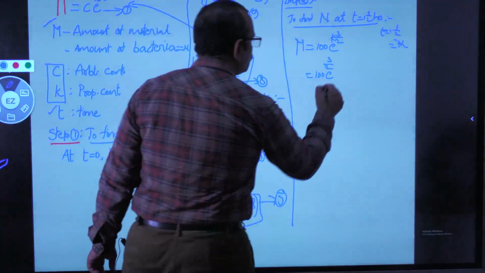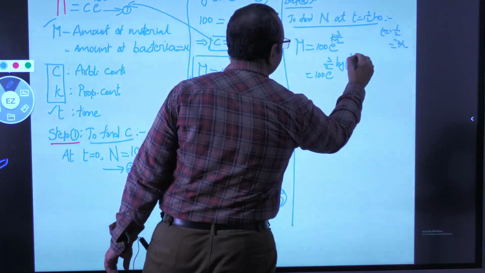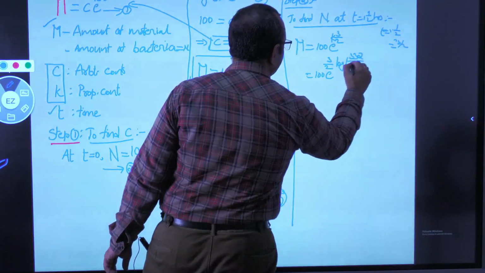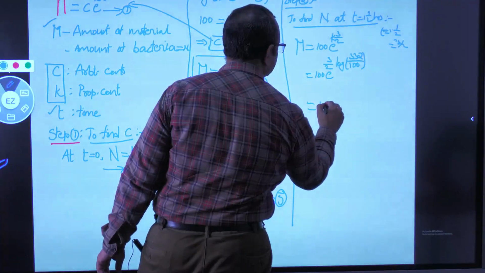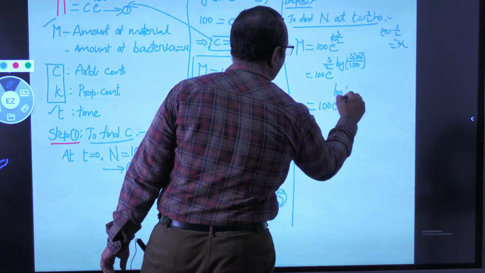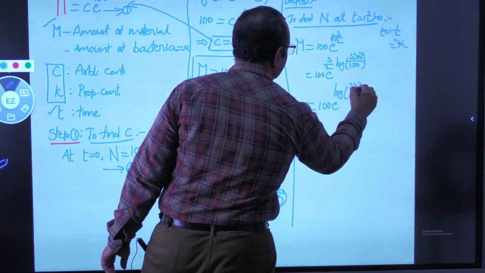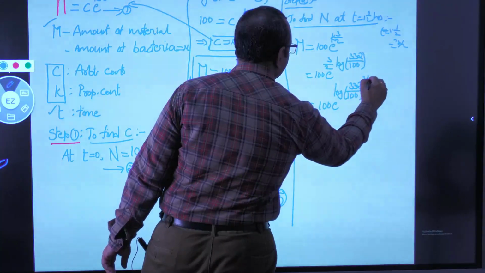So we can write it as e power log of 332 by 100, and simplifying, 100 into e power of log of 332 by 100 whole power 3 by 2.